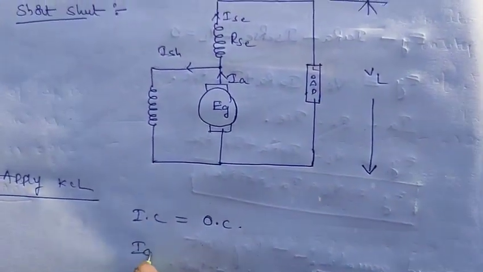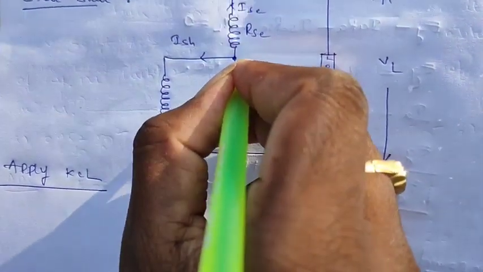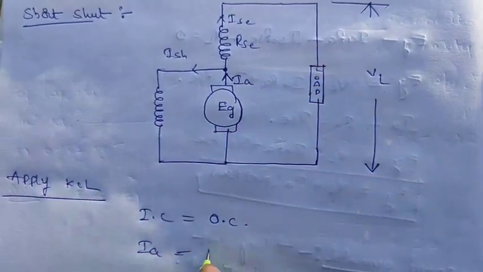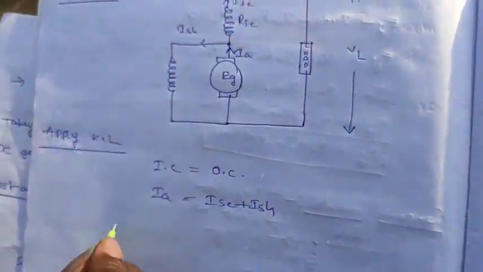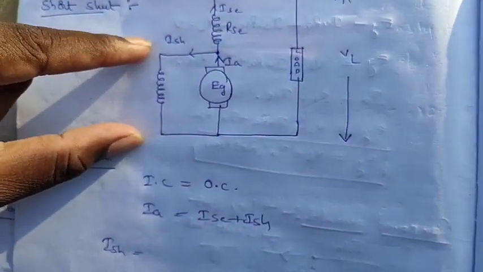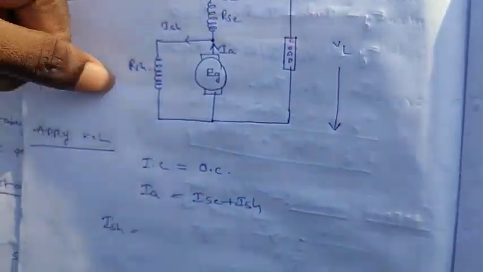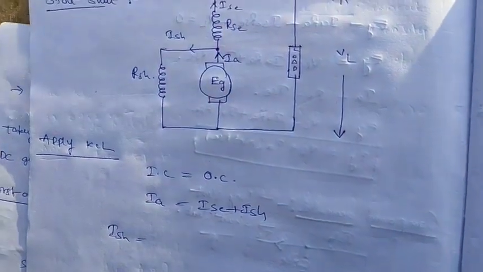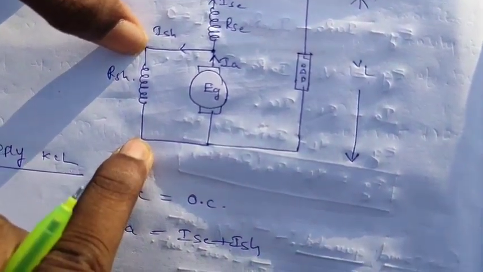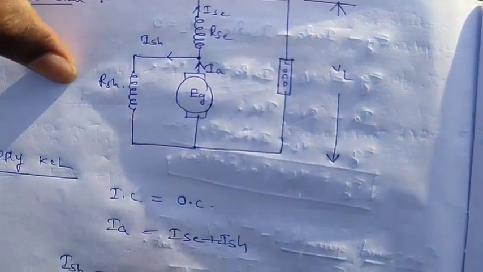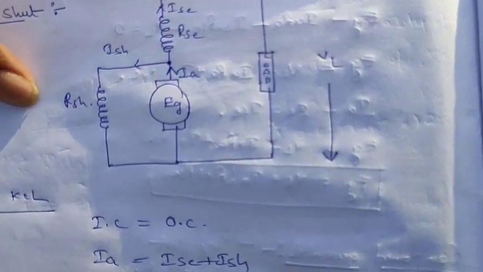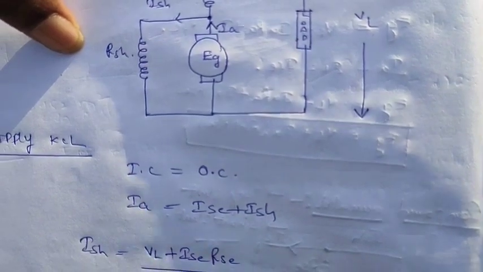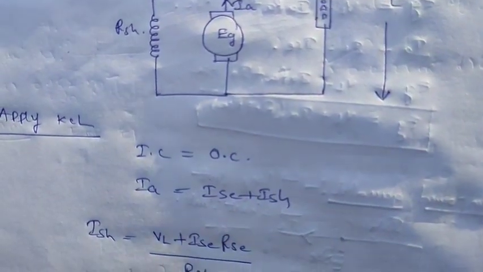IA equals ISC plus ISH. The formula for ISH is the voltage across the shunt field divided by its resistance. The voltage across RSH is VL minus ISC RSC, so ISH equals (VL minus ISC RSC) divided by RSH.